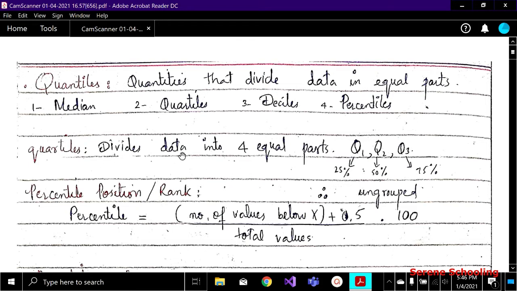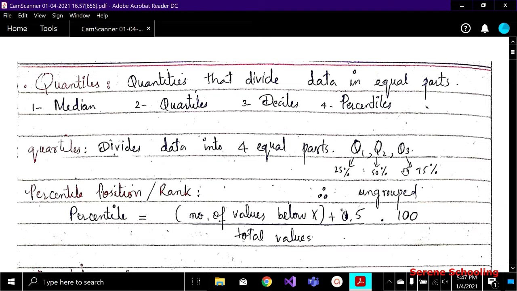Okay, so the first one is quartiles. It divides the data into four equal parts, right? We have only three quartiles, Q1, Q2 and Q3. The first quartile covers below 25% of the data, from 0 to 25. Q2 covers below 50% of the data, which means from 0 to 50%, right?